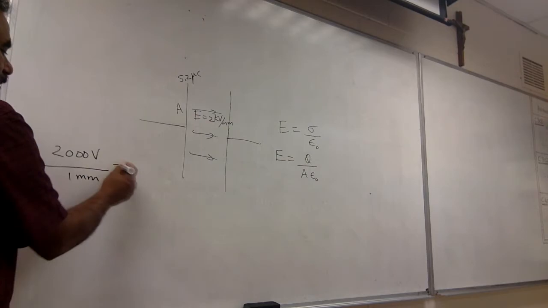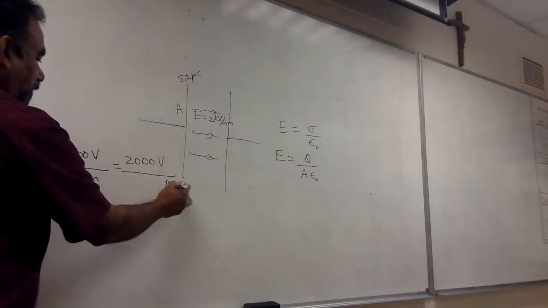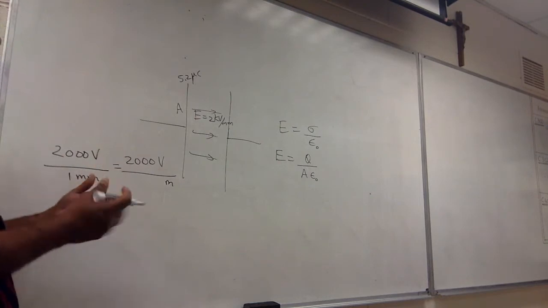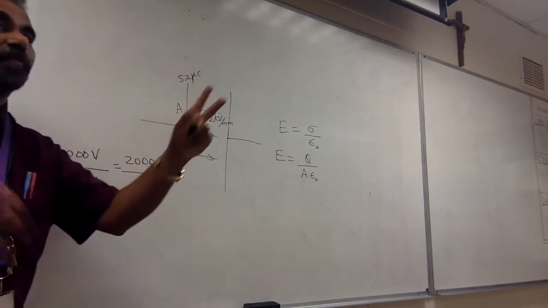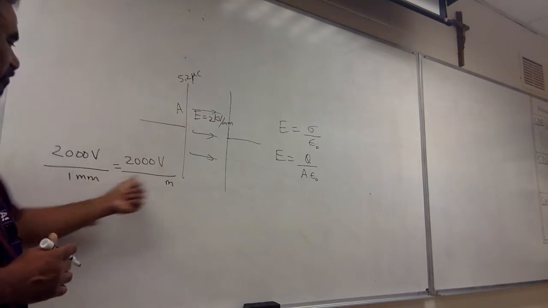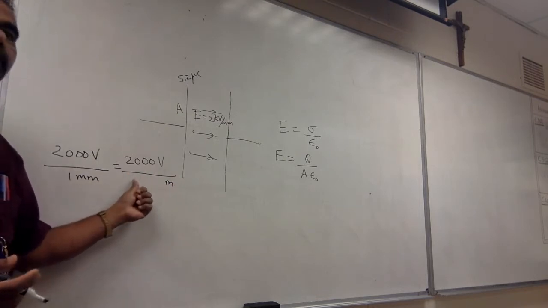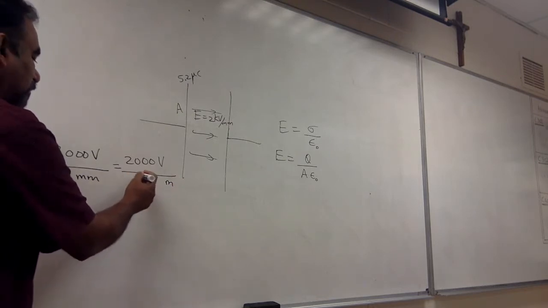But we need it per meter, so what do you do? Conversions. Be careful with these conversions, because you can go the opposite way. Millimeters to meters, is the unit going bigger or smaller? The unit is going bigger, so the number has to go 1,000 times smaller.